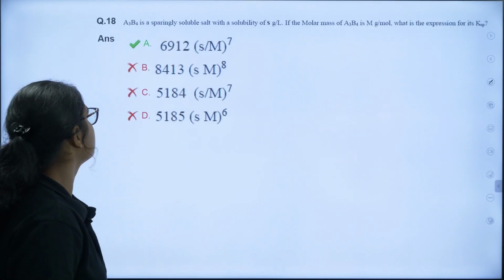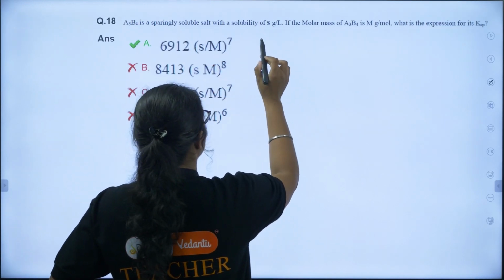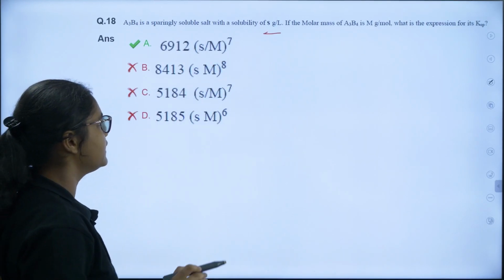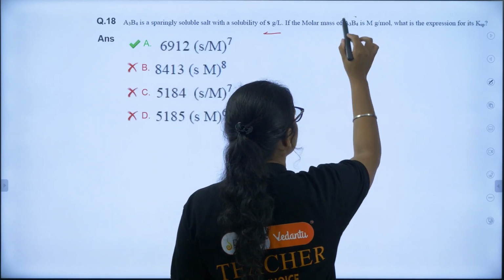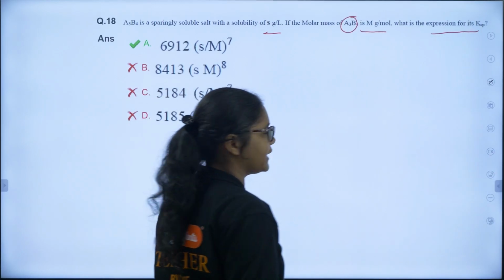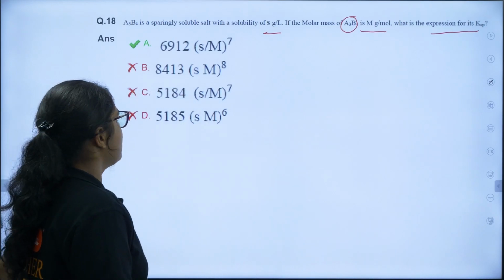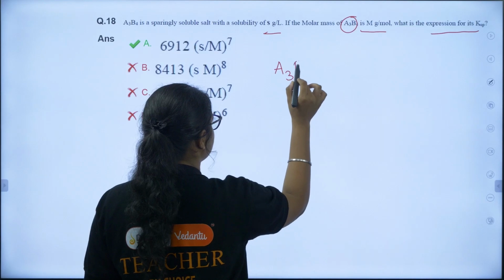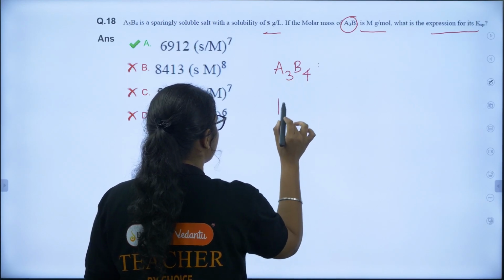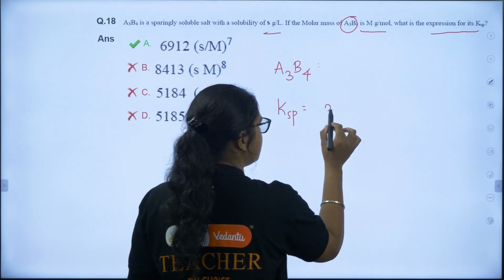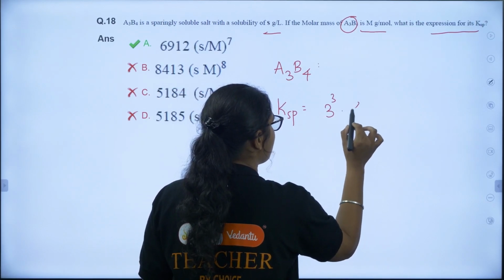Okay. Next one. A3B4 is a sparingly soluble salt with a solubility of S gram per liter. If the molar mass of A3B4 is m gram per mole, what is the expression for its KSP? Okay. So now if you see here, we have the salt A3B4.